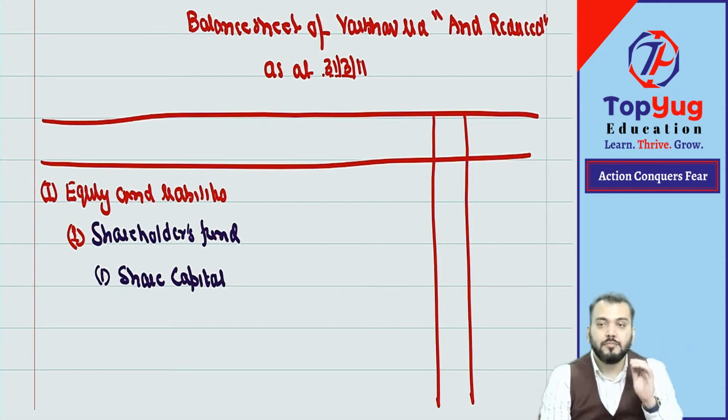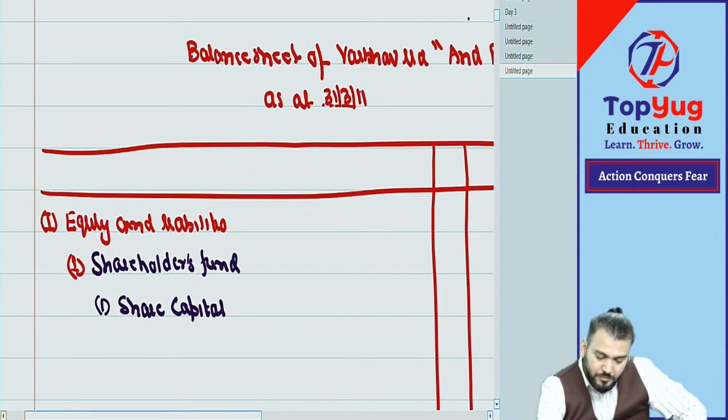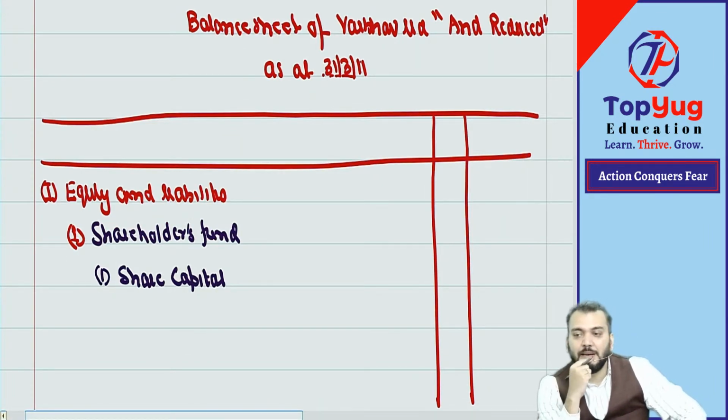Whenever you are doing journal entries, you need to just see your journal entries. So can I say, what is the new equity share capital? How much? New equity share capital how much?